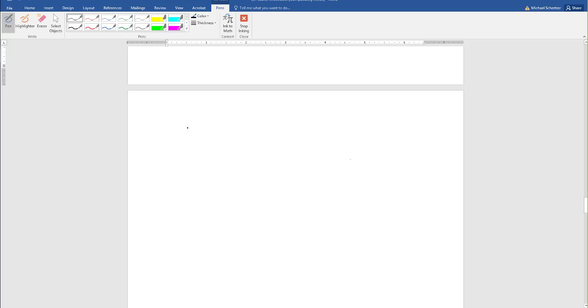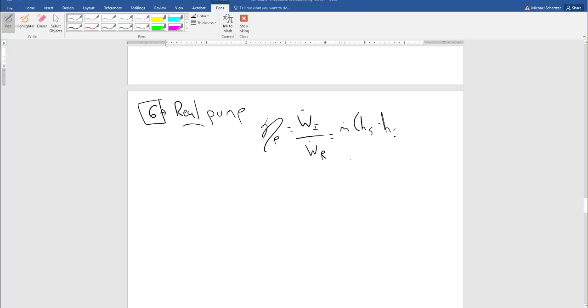So here, if I want to find state 6, which is the real pump. Again, because this is real, I'm going to use the pump efficiency, which is the power of the ideal pump divided by the power of the real pump. So this is m dot times H5 minus H6S, divided by m dot times H5 minus H6.